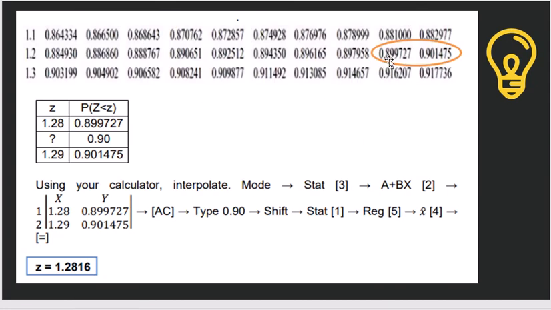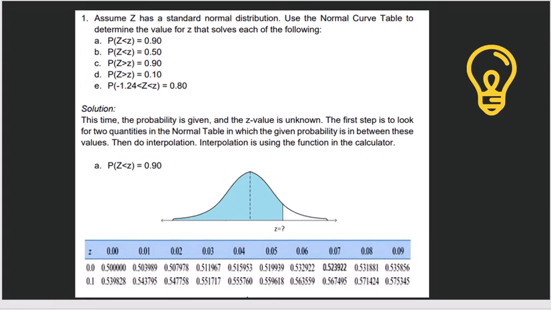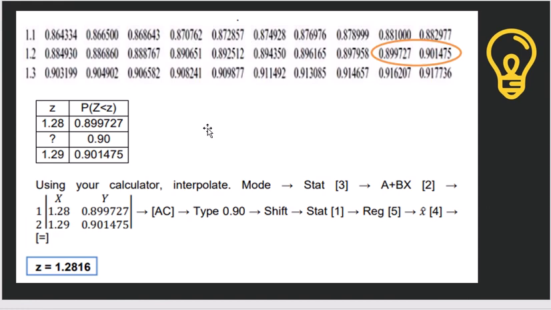So, your given is 0.899725 or 0.901475. So, nandun siya. 1.28 tsaka 1.29. So, dito yon. So, from 0.00 or negative 0.01, no, ang ating Z. So, ibig sabihin, dito sa ating given table is 1.28, no, and 1.29, no. Ibig sabihin, dun lang natin siya makukuha.